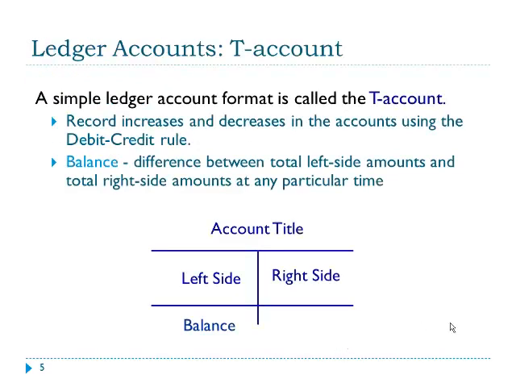This is what a simple T-account form of a ledger looks like. There's going to be an account title to identify the ledger, so each account has its own individual ledger. It is divided into a left side and a right side that exactly match the debit and credit convention that we've used in the journal entries.